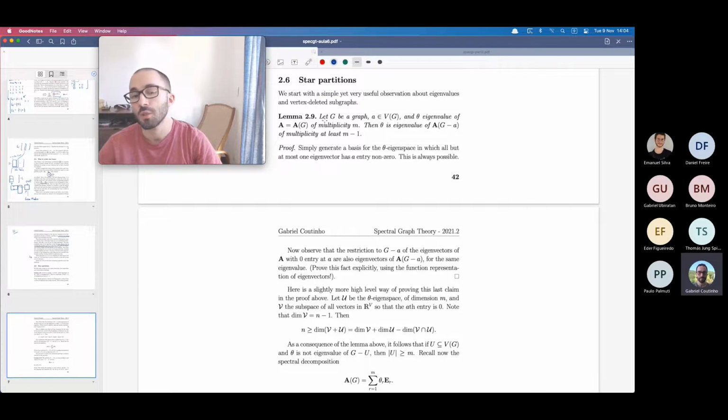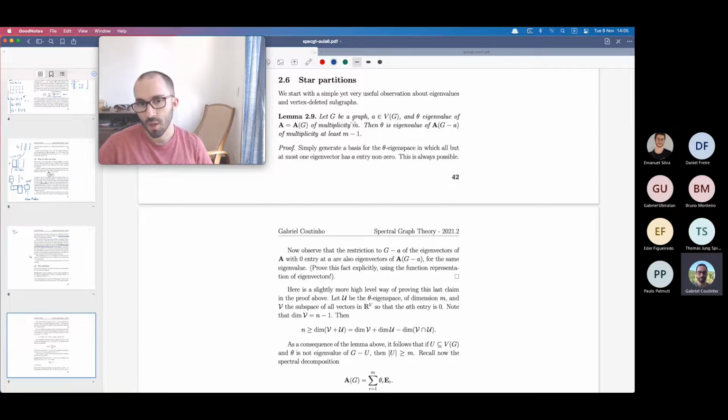Okay, so we start with this very simple lemma, which says that if you have a graph and a vertex in your graph, and theta is an eigenvalue of your graph with multiplicity m, then if you remove the vertex, theta is still an eigenvalue with multiplicity at least m minus 1. Of course, if m is 1, the multiplicity could become 0 and theta is no longer an eigenvalue.